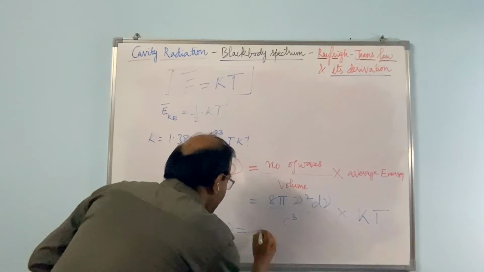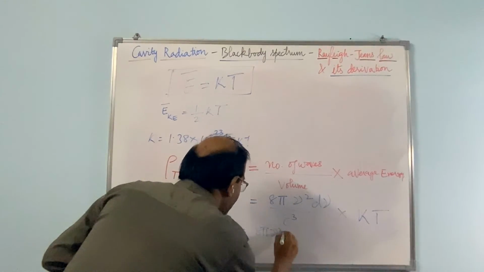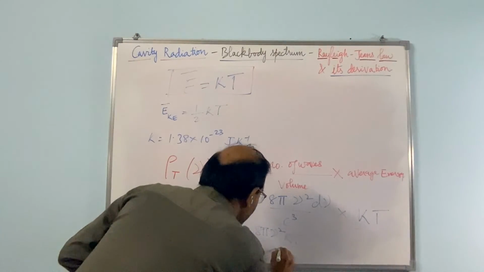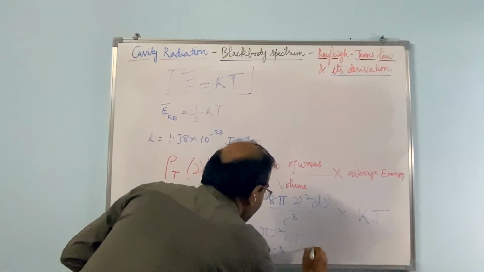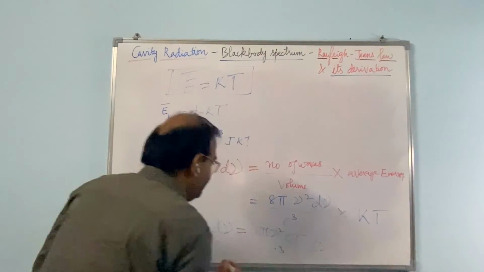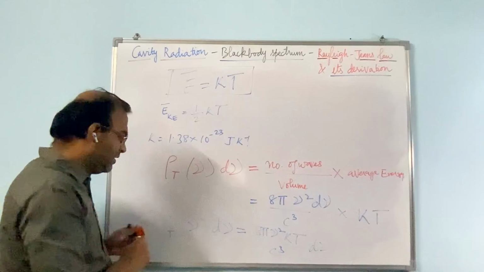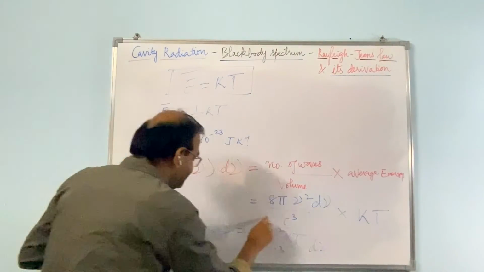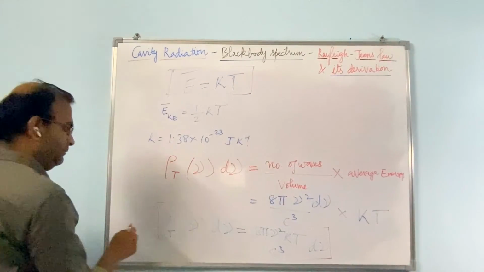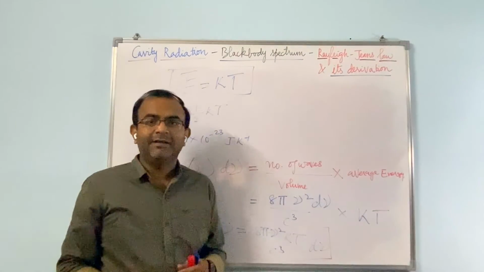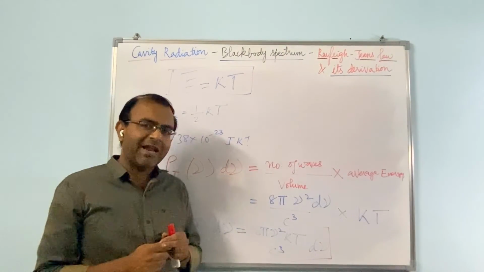That is 8 pi nu squared kT over c cube d nu. So this is the final expression for the Rayleigh-Jeans law. So that completes our derivation of the Rayleigh-Jeans law.